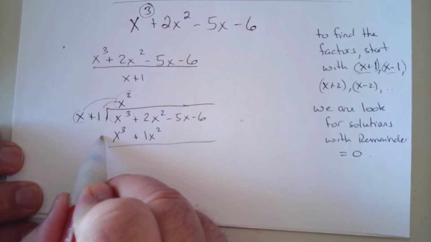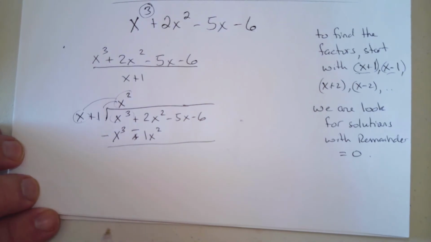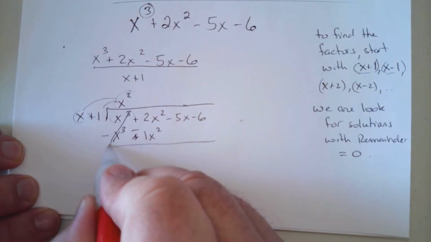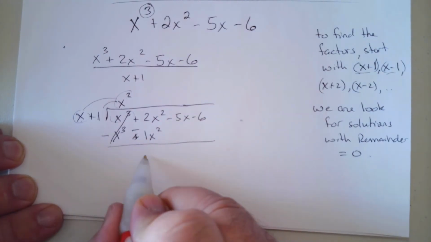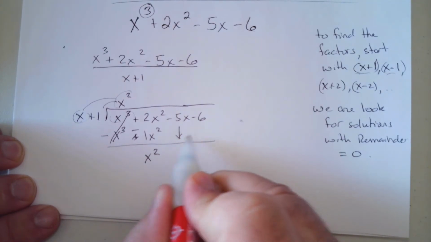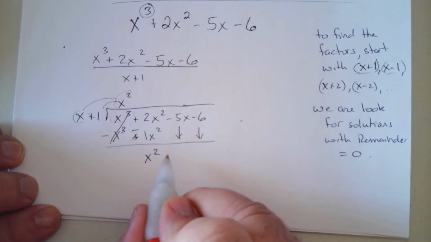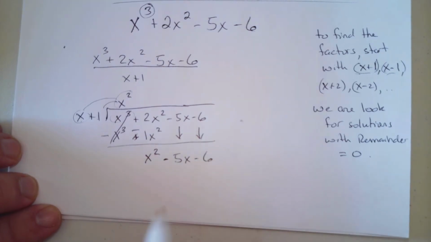Subtract, so we change these signs. Now add them. The first term cancels. That's a good sign. 2 minus 1 is 1, so we just have x squared. Bring everything else down. Minus 5x minus 6.